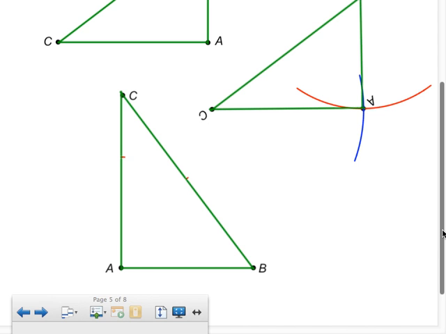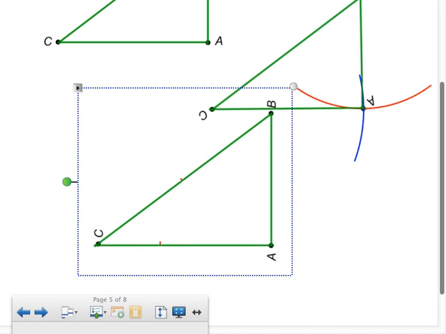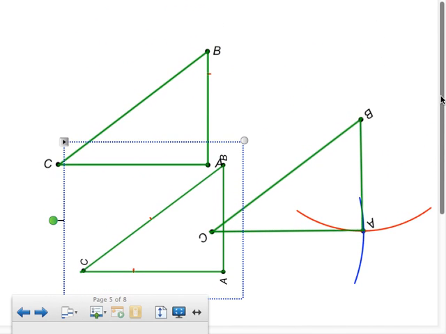Do you guys remember? But what's going to happen is with the smartboard, I can shrink it down and show you that we still have the same shape. It was just a different size.